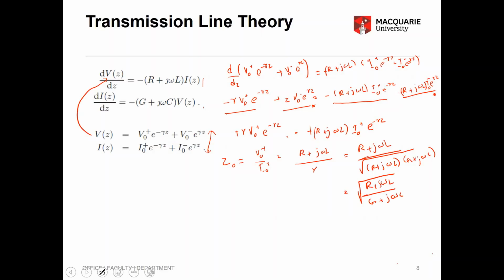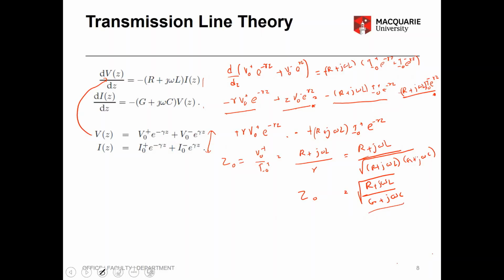This simply says that your impedance can be written for that wave, if you know R, L, G, C and the frequency of your operation, you can find the impedance of that transmission line.